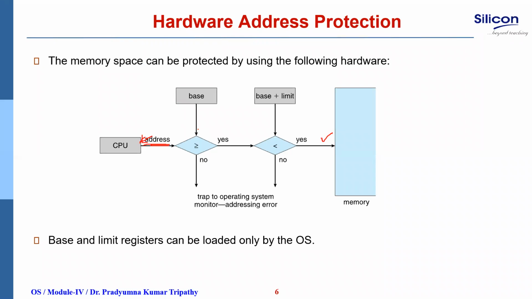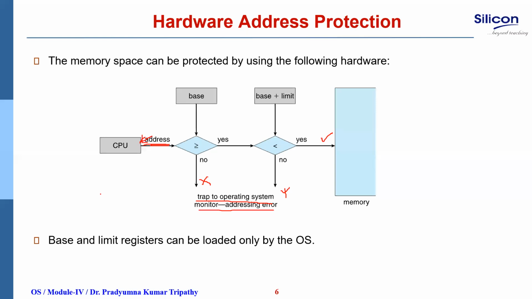If it is not greater than base, then it is an error, a trap; the operating system monitor reports an addressing error. And if it is not less than base plus limit, then also it is an error. So if it is less than base or greater than base plus limit, then it is an error.